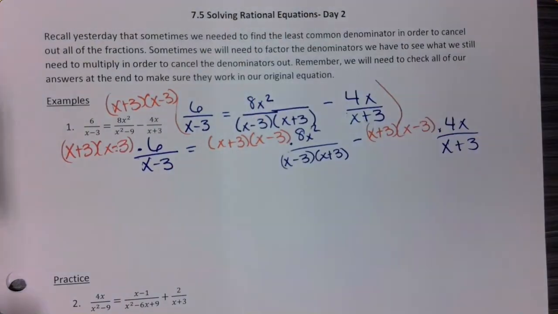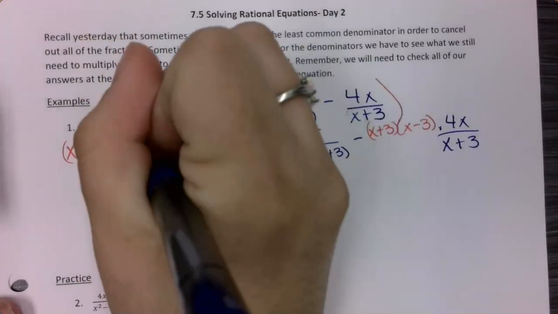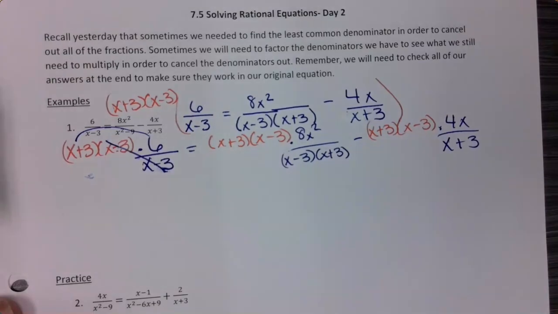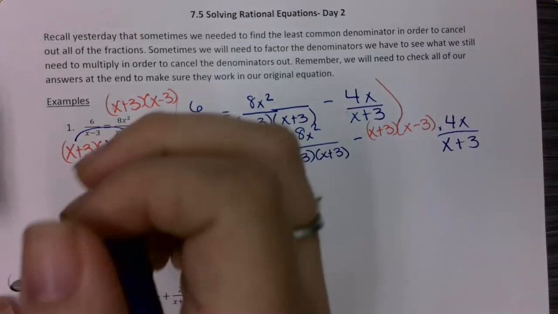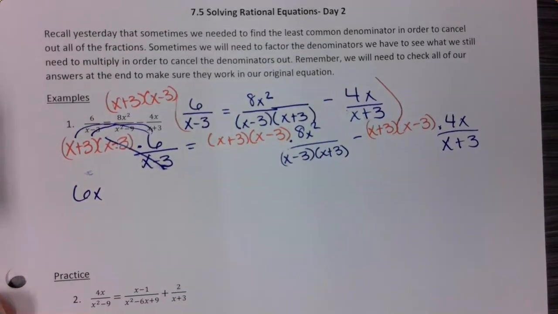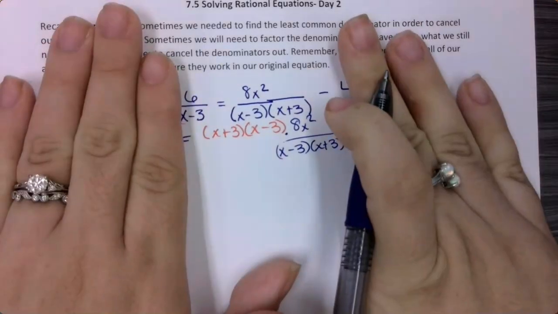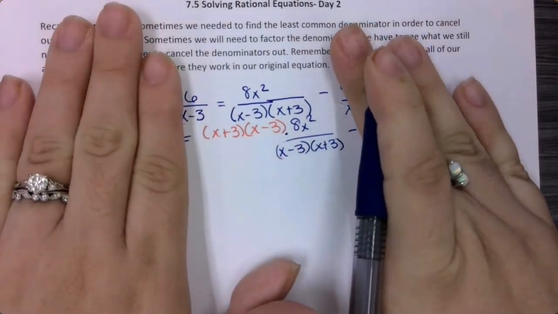X minus 3. So then these leave me with 6 and x plus 3. So I want to distribute. 6 times x gives me 6x. 6 times 3 gets me 18. Then if I take a look at the middle term, what can I cancel out here?